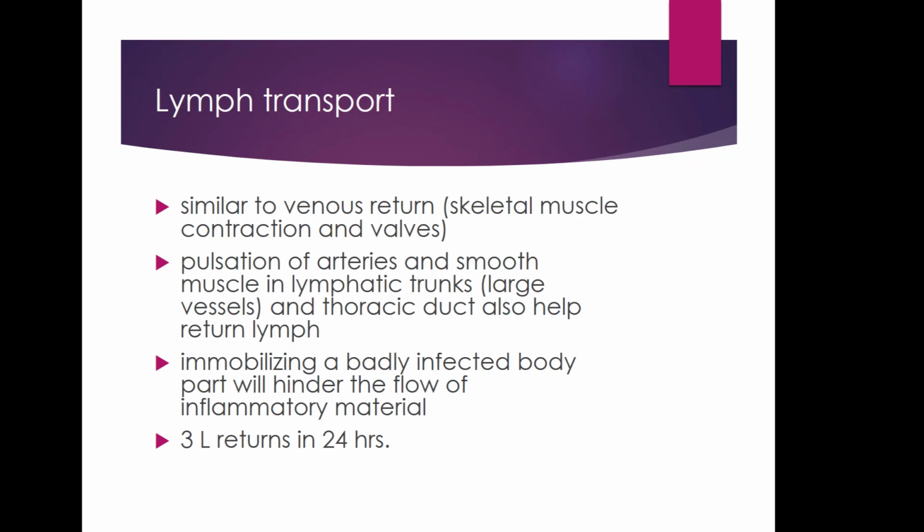Okay, so I'm going to go back to the chart and go through just a few of the first columns, and then we'll get to the spleen and the thymus in a minute. So as far as lymphatic vessels, main role, we have to return the lymph back to circulation.